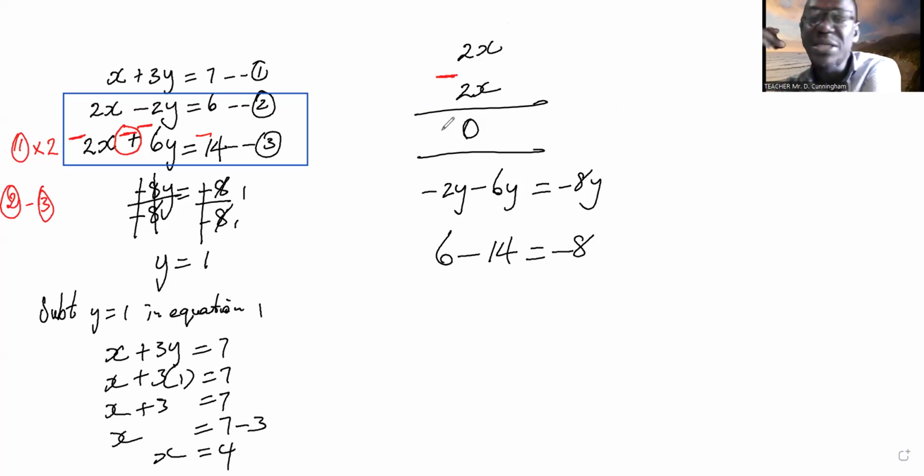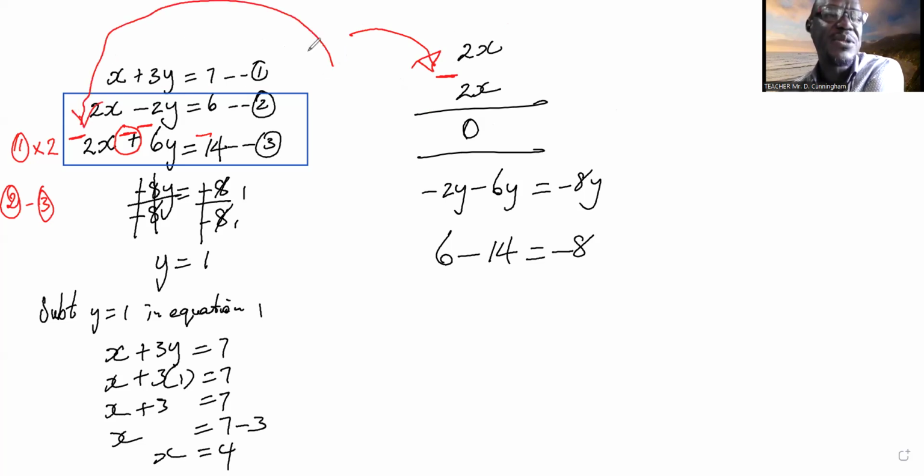So it's something that you have to reason out before. All right? So it's 2x minus 2x. Once I recognize we are minusing, you have to do that for everything.